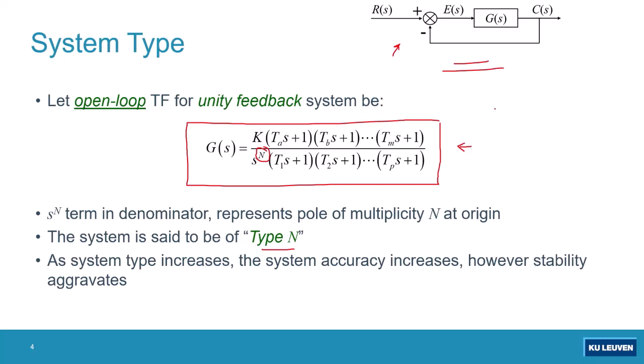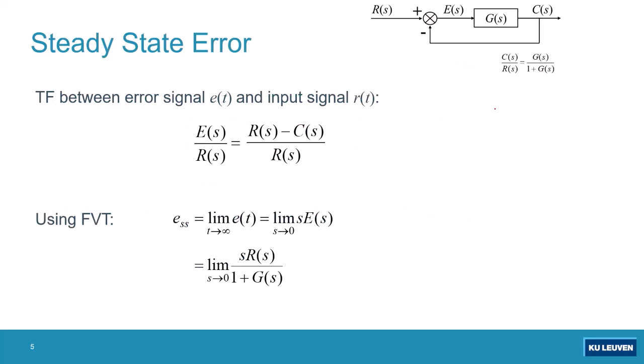Before we continue discussing the system type, I want to bring you back to the discussion of error. So let's consider again a unity feedback system that you can see in this slide. The error E here represents the difference between R, the reference input, and C, the output of the system. I like the example of an air conditioning system.